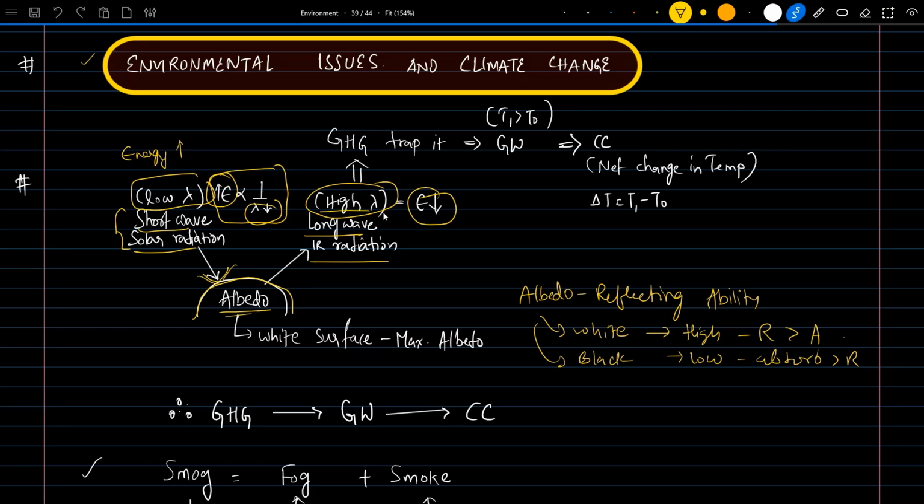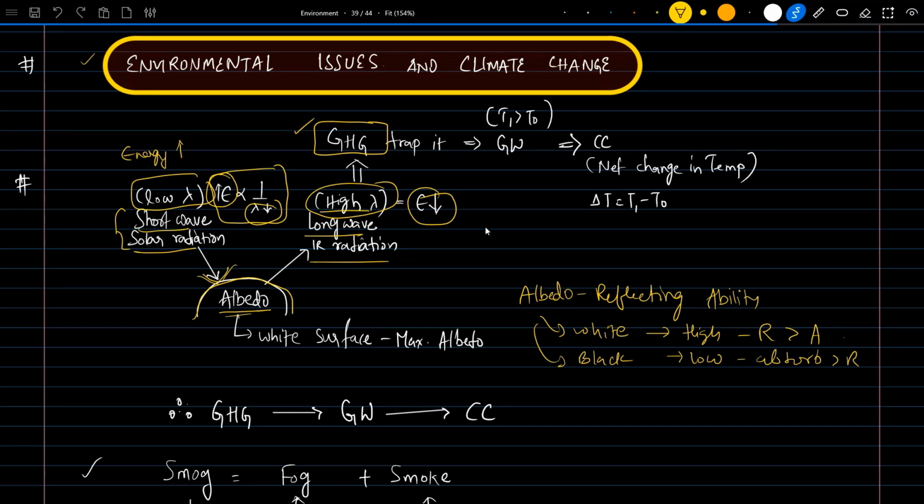Now what happens? There is a concept called greenhouse gases, which are present in the atmosphere. We'll discuss these greenhouse gases in detail a little later. As of now, we'll understand that there is a presence of greenhouse gases in the atmosphere, and the infrared radiation that is released by the Earth surface, the heat, will be trapped by these greenhouse gases.